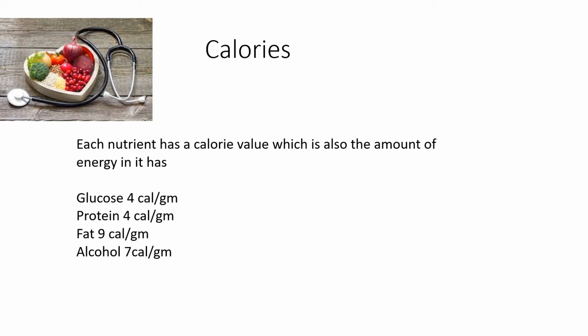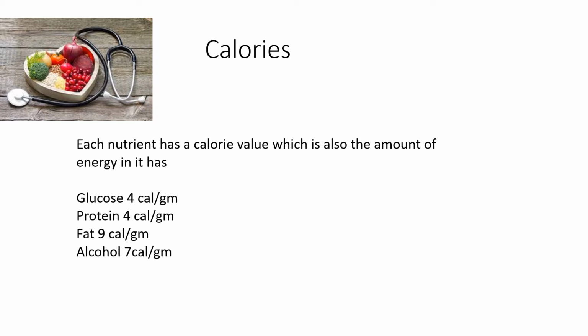So calories, what is a calorie? It's a unit of energy when we break down the food. When we're eating food, everything is broken down into its simple components to be absorbed, which is going to be the glucose from carbohydrates, amino acids from proteins, and the fats.